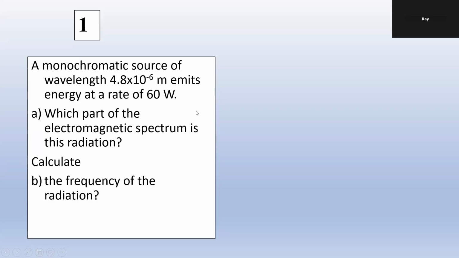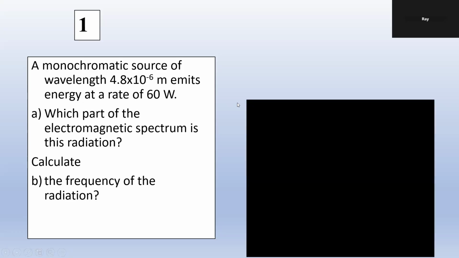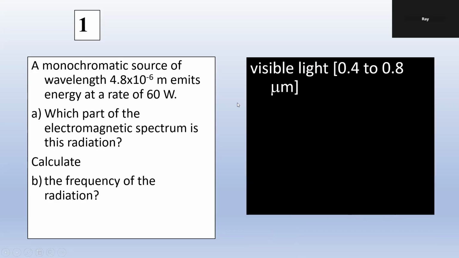Infrared. This wavelength, what part of the electromagnetic spectrum is this one? No, shorter than visible light. So it's ultraviolet. Always remember, visible light is about 0.4 to 0.8 micrometer.